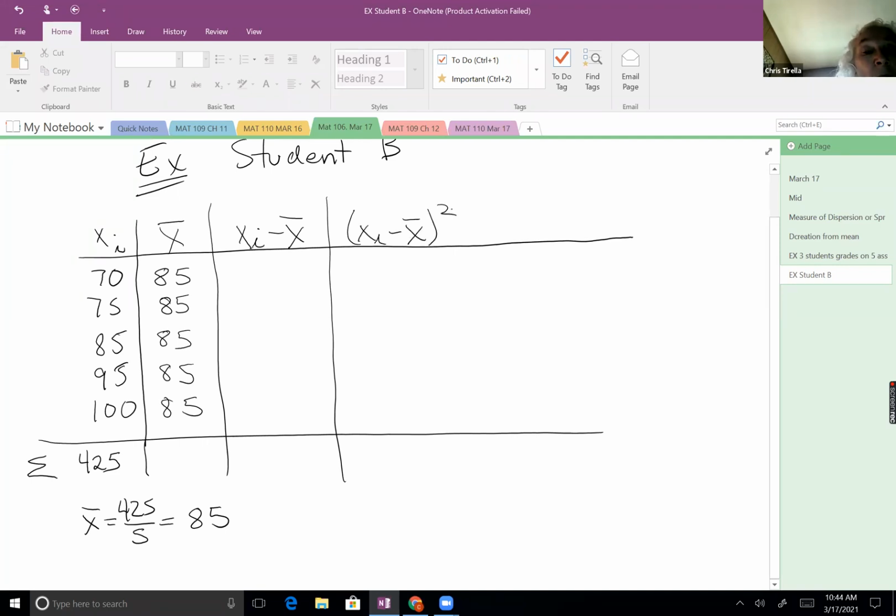and square it. So 70 minus 85 would be negative 15, and when we square it, we get 225. Sometimes because you've got that negative 15 in your calculator already from subtracting, if you just press X squared, it'll give you that 225 without having to retype it.